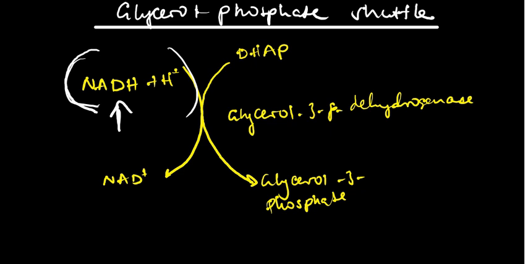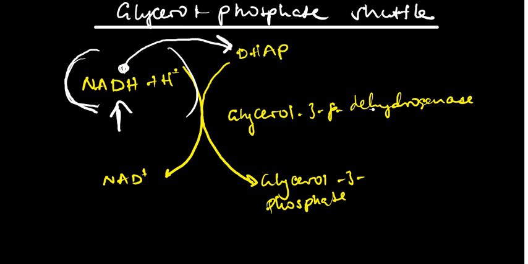The two are the glycerophosphate shuttle as well as the malate aspartate shuttle. Under the glycerophosphate shuttle, the NADH produced in the cytosol is used to reduce dihydroxyacetone phosphate. This is the NADH that we're talking about.